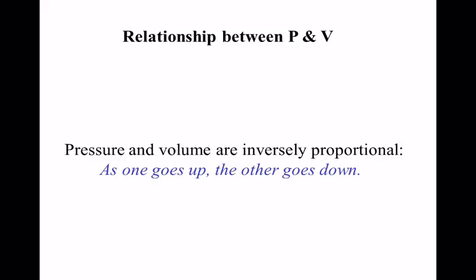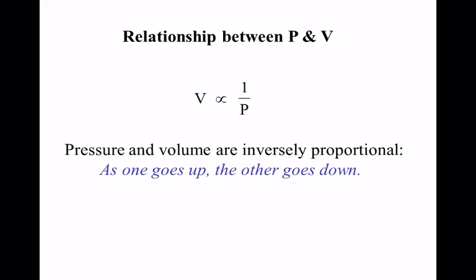So finally we have a relationship we call inversely proportional, not directly proportional. We can still use the proportionality symbol if we say volume is directly proportional to 1 over pressure, the inverse of pressure. That works.